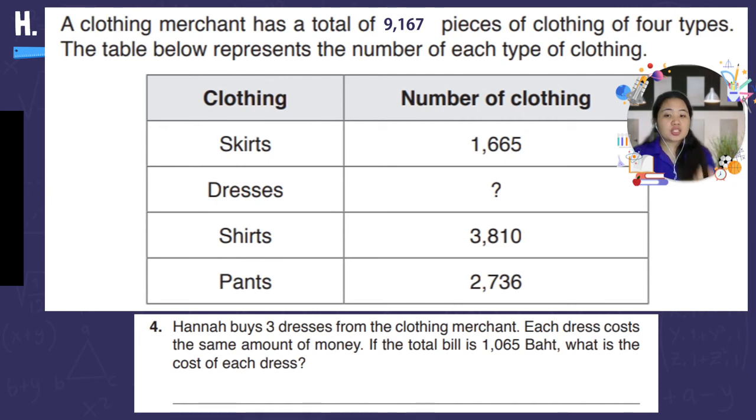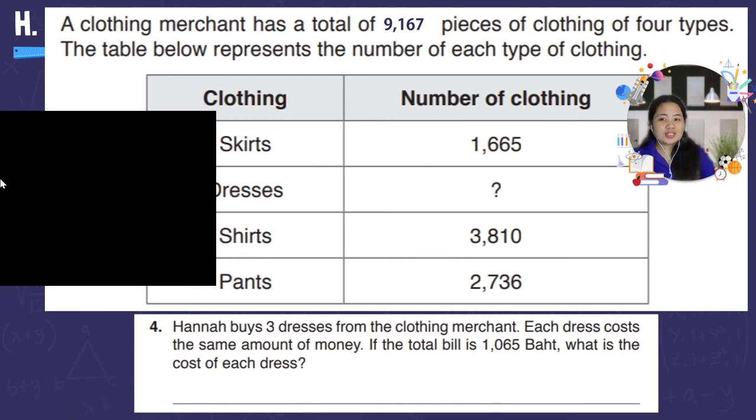Each dress costs the same amount of money. If the total bill is 1,065 baht, what is the cost of each dress? So the 1,065 is already enough for the 3 dresses. So what we need to do is we have to divide.